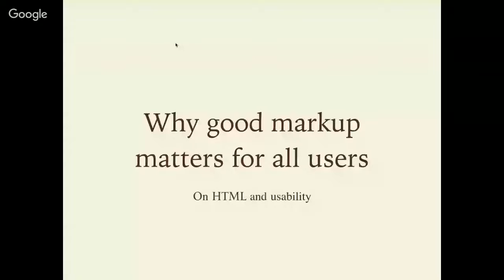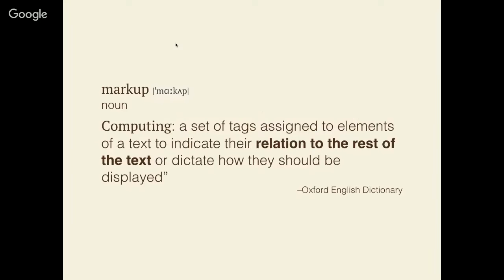So my talk is called "Why Good Markup Matters for All Users", on HTML and usability. Let's look at the word markup first. Markup is a noun. It comes from computing, and it's a set of tags assigned to elements of text to indicate their relation to the rest of the text or dictate how they should be displayed.